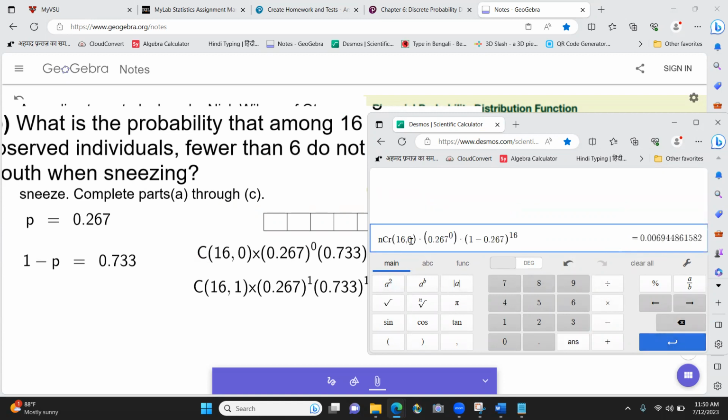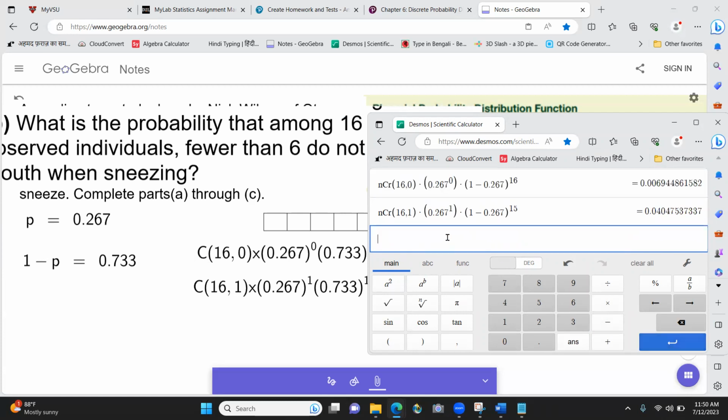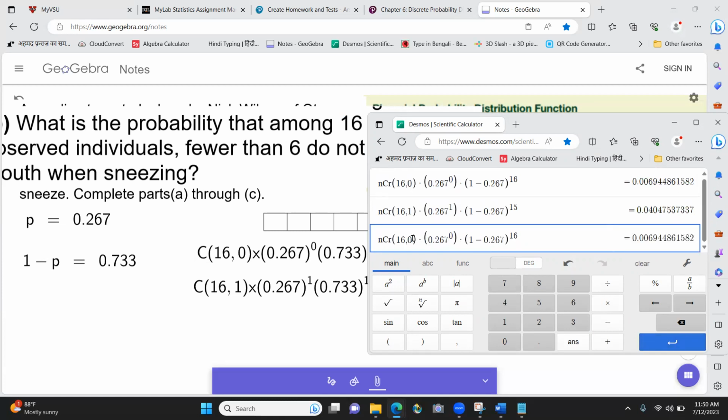So I hope you can see, this is the one that is 0 success. And then I'm going to do 1 success. 1. This will be 1. And this will be 15. And then I'll do 2 successes. This will be 2. 16 choose 2. 2. And 16 minus 2 is 14.